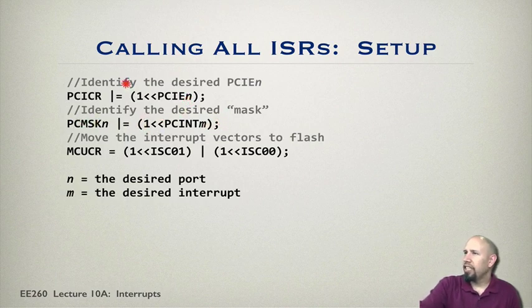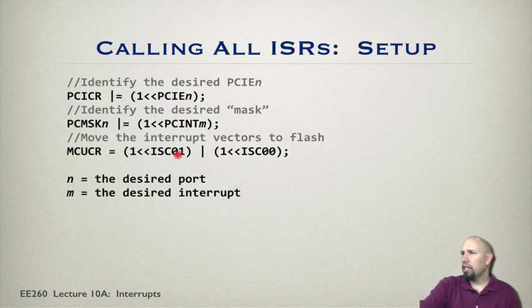So we need to set the mask and the control register associated with the pin. One is associated with the PCINT number, and the other is associated with the PCINT pin. We need to keep those straight, since it's kind of confusing. N is the desired port, and M is the desired interrupt.